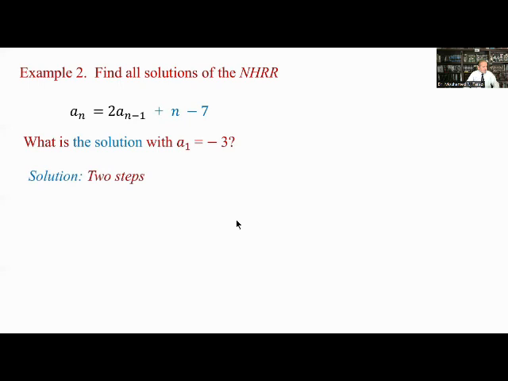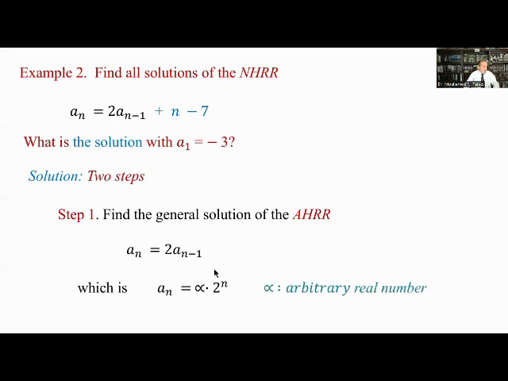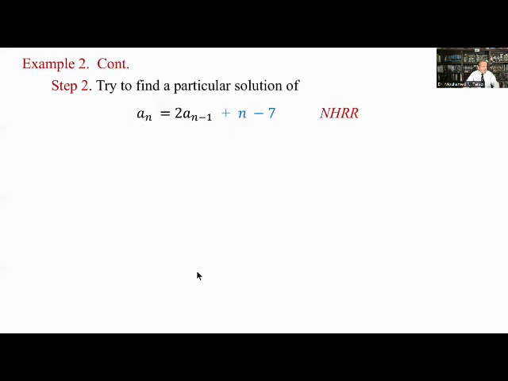Two steps. Step one, find the general solution of the associate homogeneous recurrence relation, and we just did that before. And we know this is the general solution of this. Step two, we need to try to find a particular solution of the whole thing now, the non-homogeneous recurrence relation.